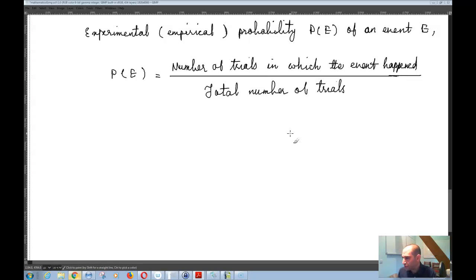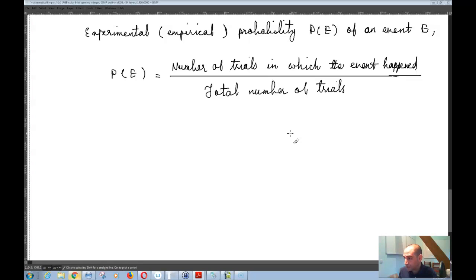So in experiments where we are prepared to make certain assumptions, the repetition of an experiment can be avoided. This is important. The assumptions help in directly calculating the exact or theoretical probability.